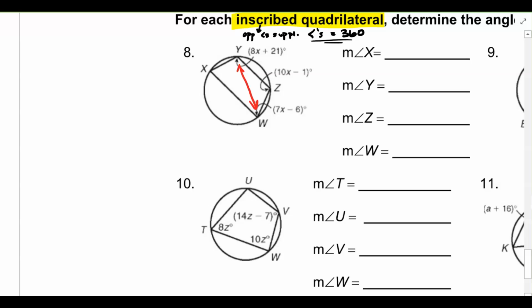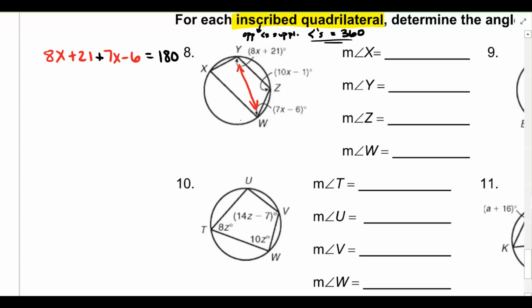So I can set up an equation that says 8x plus 21 plus 7x minus 6 equals 180. That's what would make these two angles supplementary.